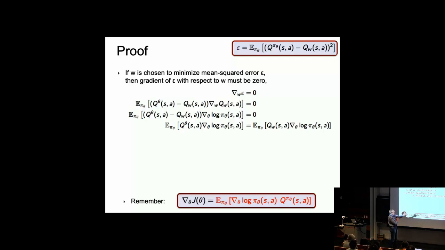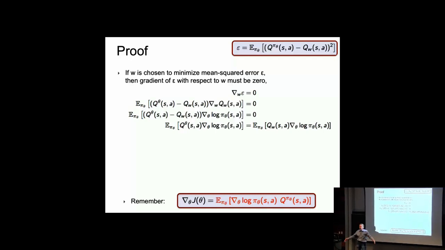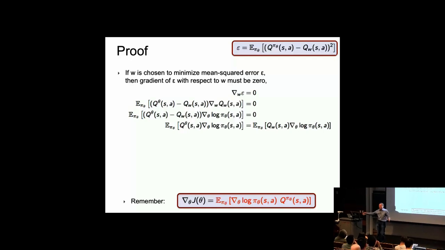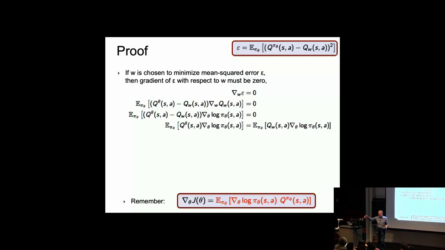We're saying the error we're trying to minimize is just the squared difference between the true Q function, Q pi, and our estimate, Q sub W. And so if we want to prove that this will give us an unbiased estimate, all we have to do is notice that when the function approximator converges to minimizing that squared error over its training data, then the gradient of that error with respect to the parameters will be 0, because of course that's what's going to happen at the maximum as we vary the parameters W. The slope will be 0 at the maximum.